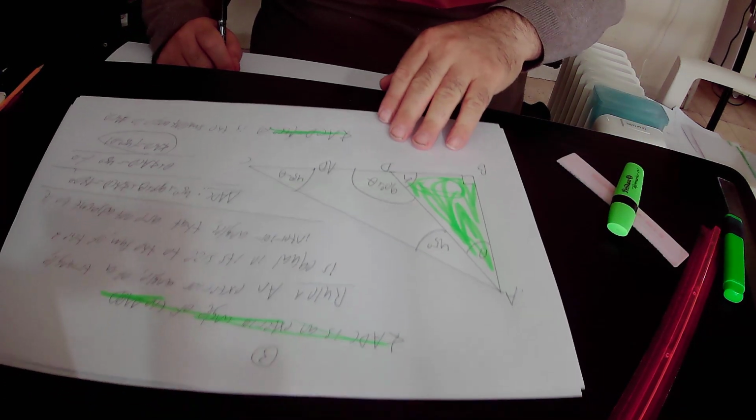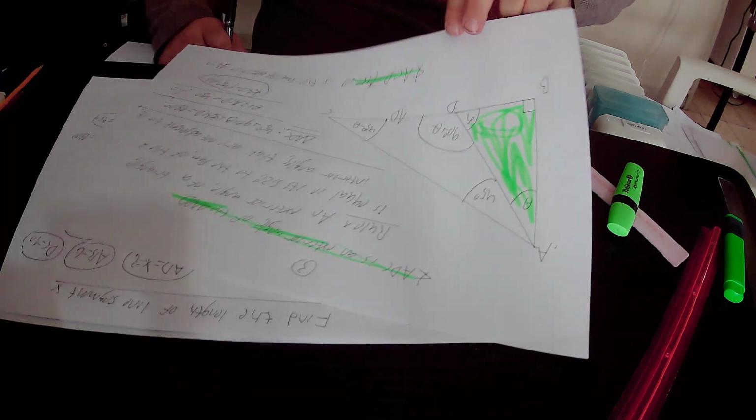And we also have rule number 2, which is related to the smallest angle in a triangle.